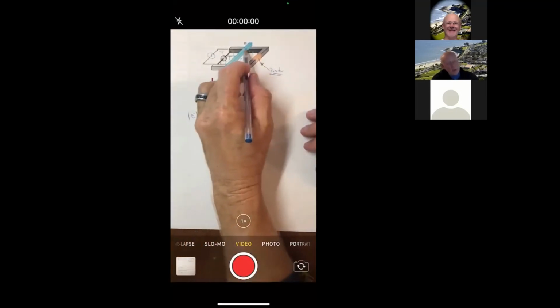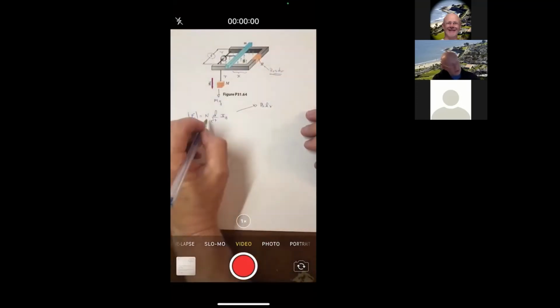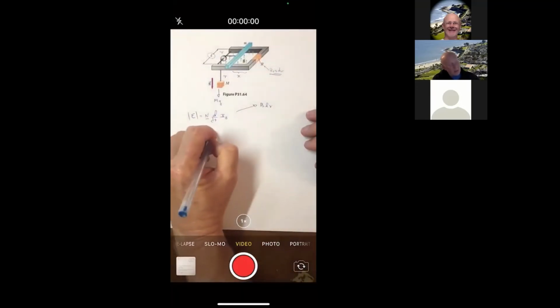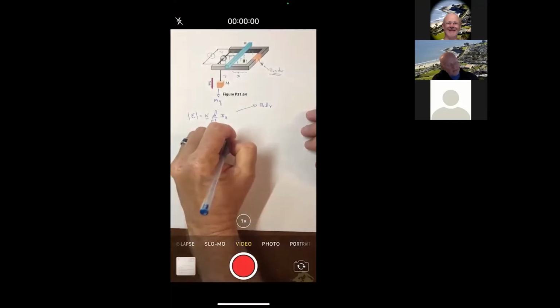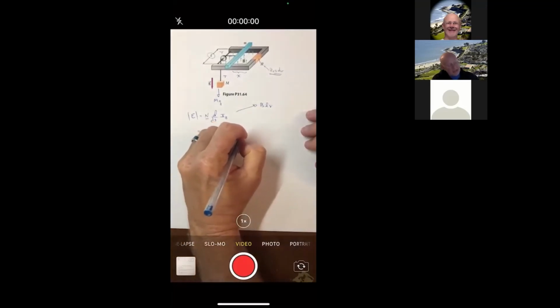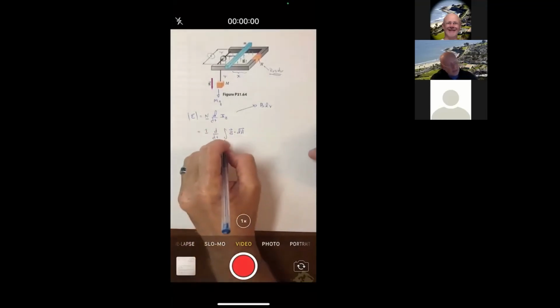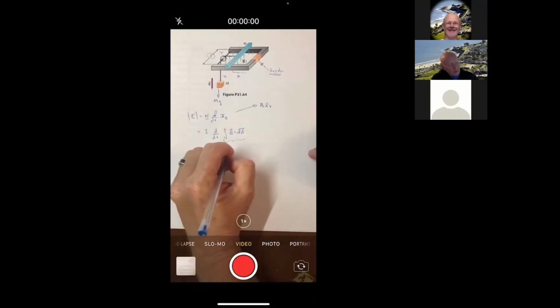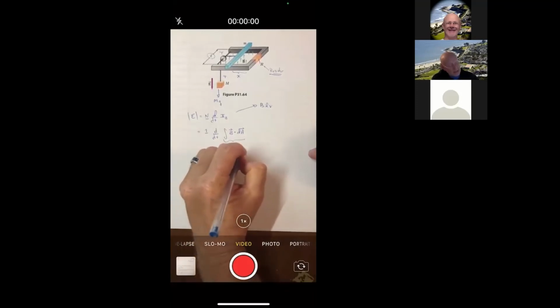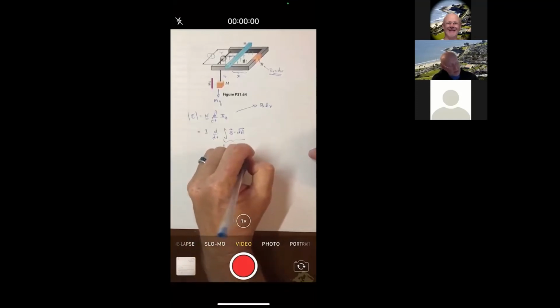So there's only one rectangular loop, so this capital N would be a 1. Then I would have the derivative of, and then I would have this B dot dA again. Now, taking this dot product, this would be B dA cosine of some angle.